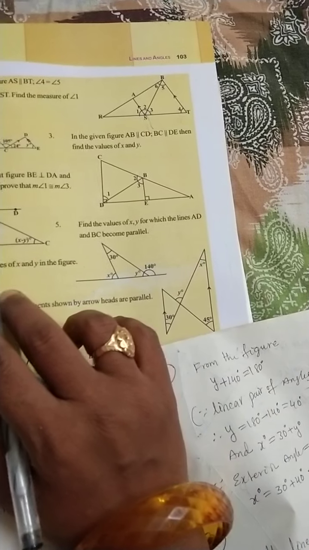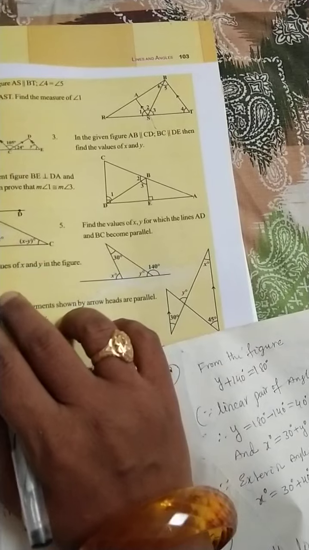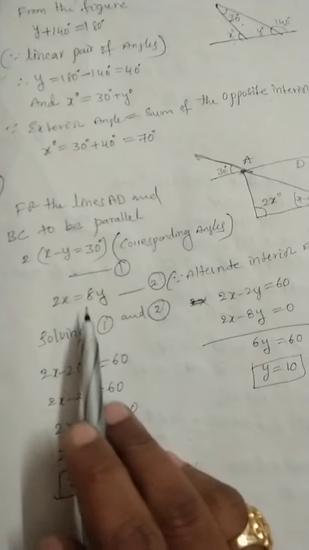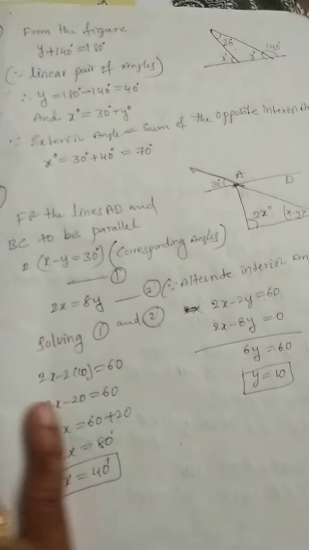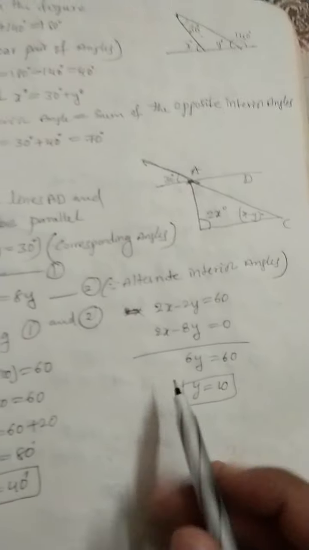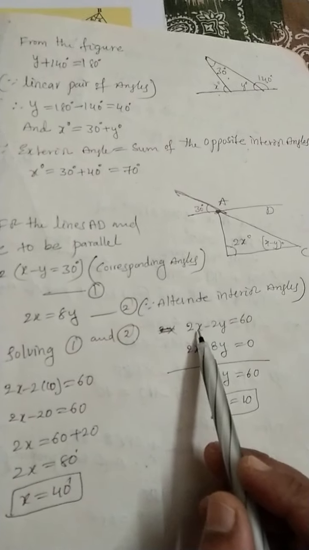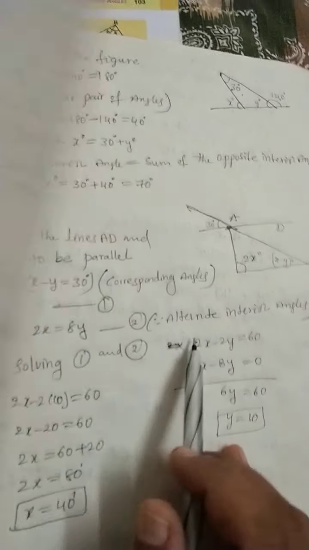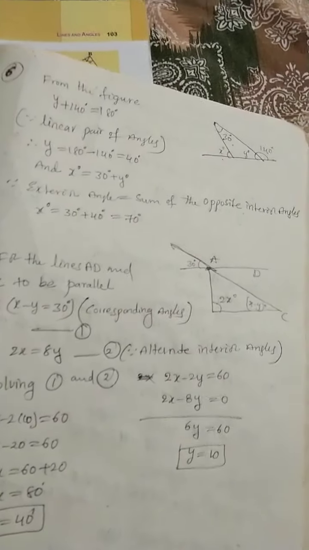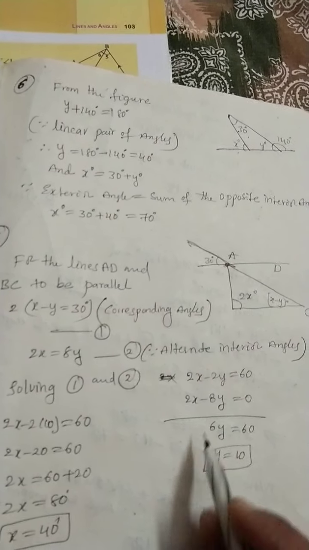See here, the fifth one, 5y. Now you can solve this. Now here you can multiply with 2, so 2x minus 2y is equal to 60, and 2x minus 8y is equal to 0.